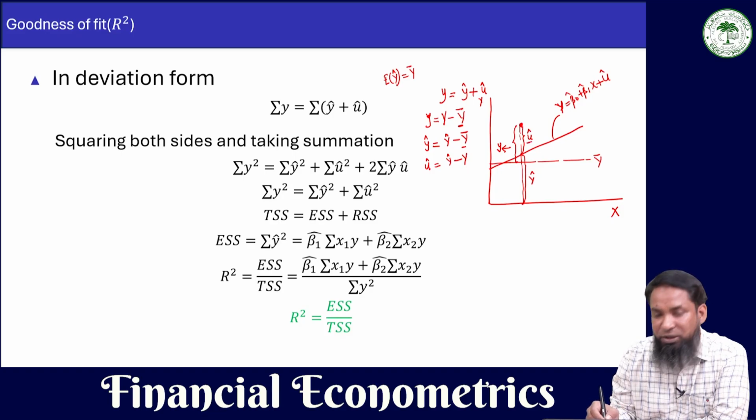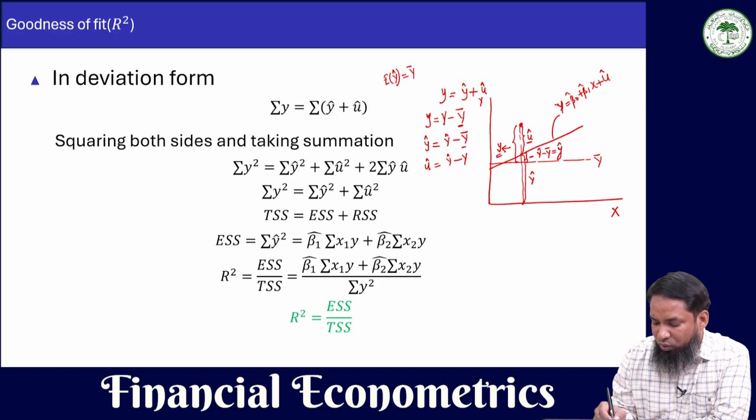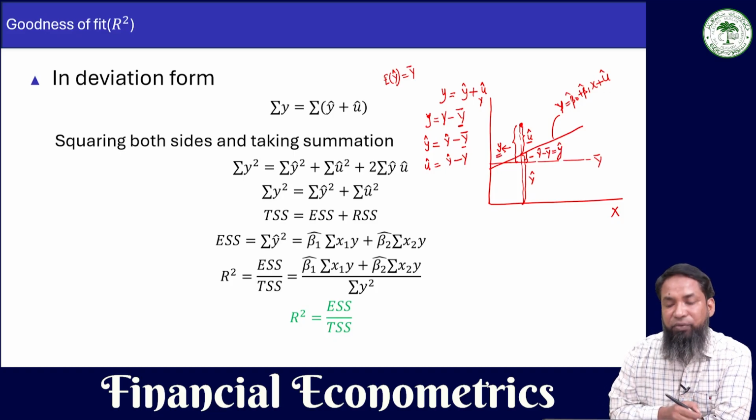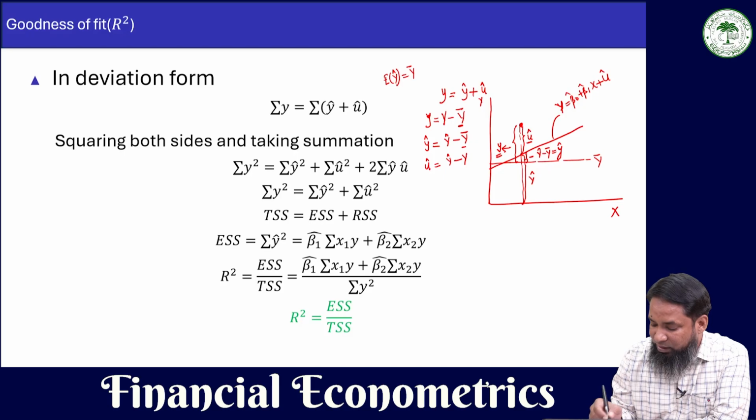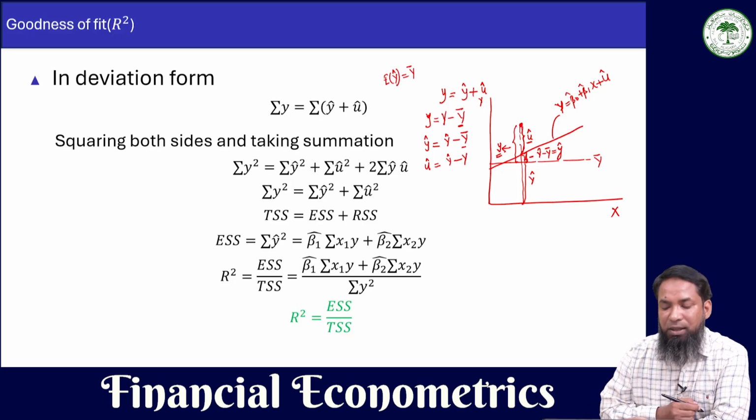One is the residual, and the other is this part, which is the difference between the estimated value and y bar, that is y hat. So this is the total variation. Out of that total variation, the estimated regression is able to explain this much, and this part the estimated regression line is not able to explain.